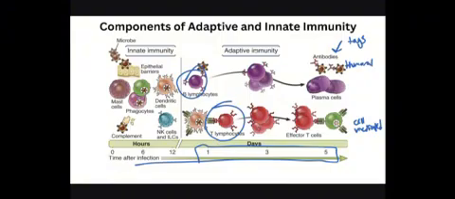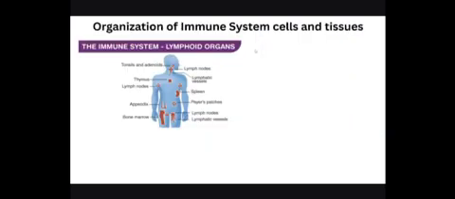Although there are two types of immunities, they don't work without one another. This is because innate immunity triggers adaptive immunity. This happens by dendritic cells capturing microbes and traveling to a lymph node where they present the antigen to a naive T lymphocyte and trigger adaptive responses.